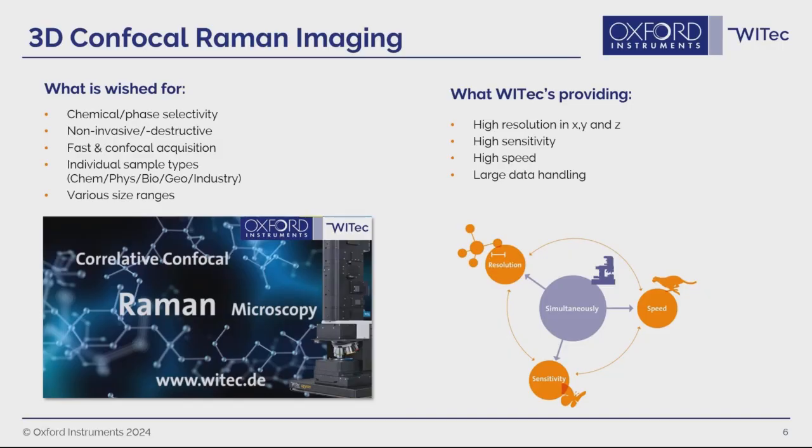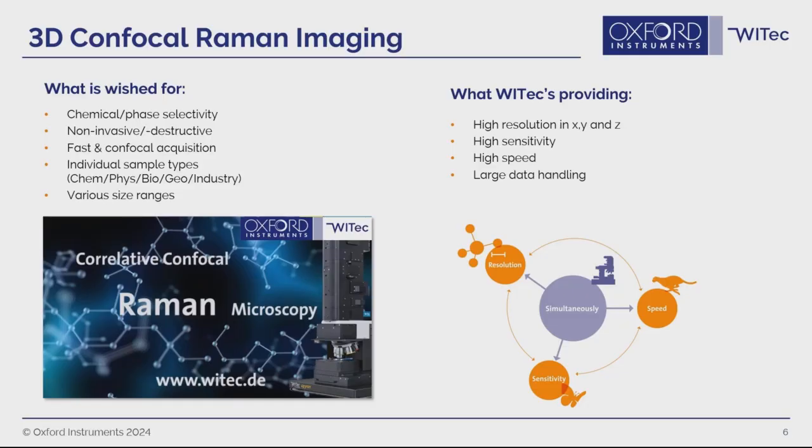And it should be applicable to individual types of samples, starting from chemistry over physics, biology, geology, and of course also the industry is addressed. And we want to cover several range sizes for the sample.